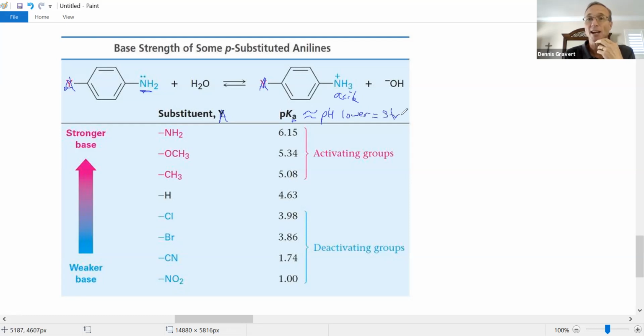Lower means stronger acid, right? A lower pH means you have a stronger acid, and the same trend for pKa. The lower the pKa, the stronger the acid. And the higher pKa, well, it's like higher pH, it's more basic. Wait, in terms of acid strength, it's a weaker acid.